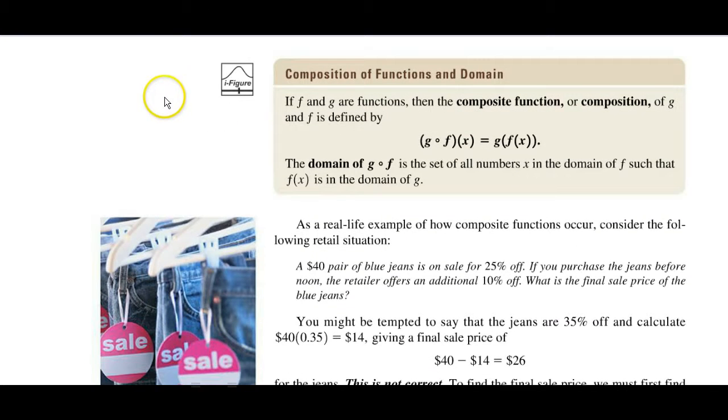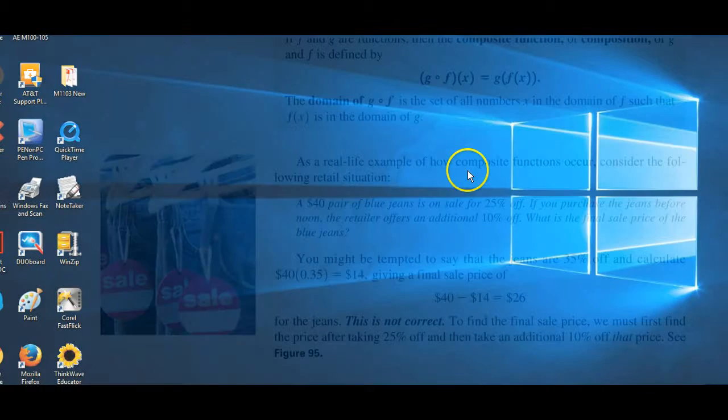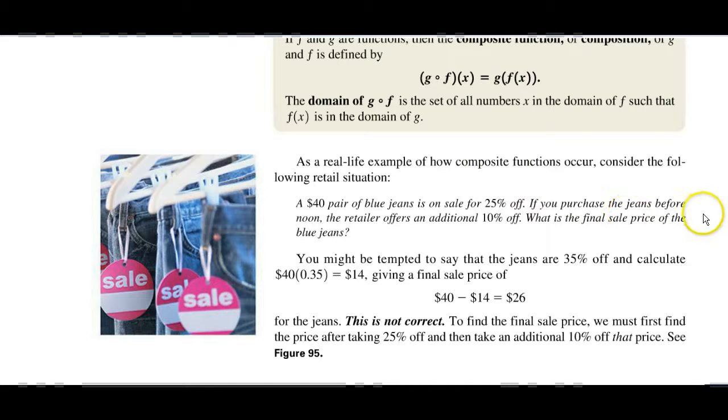Otherwise it gets kind of complicated. And we all know about jeans, so let's take a look at this example here. So here we have a pair of jeans. Looks like a tooth. But anyway, the manufacturer is going to put these on sale for 25% off.